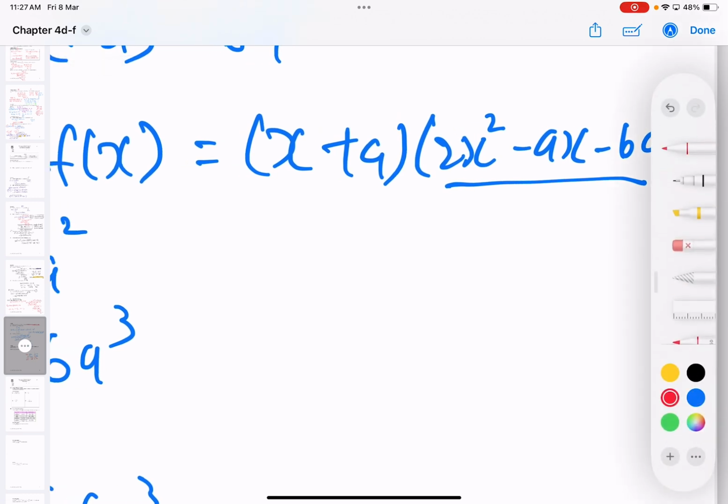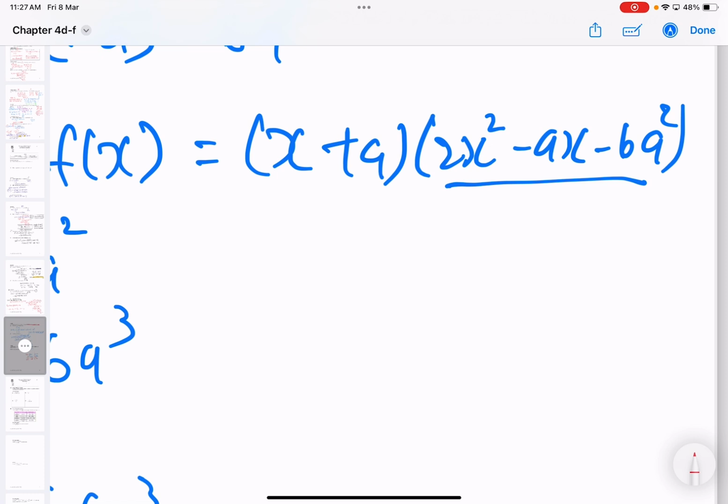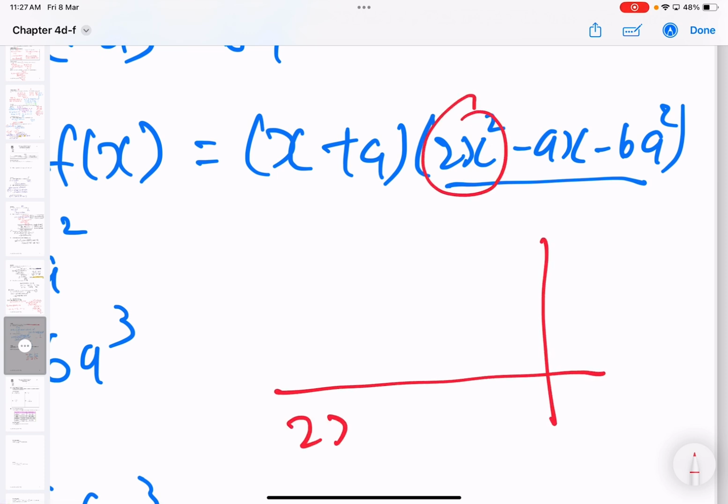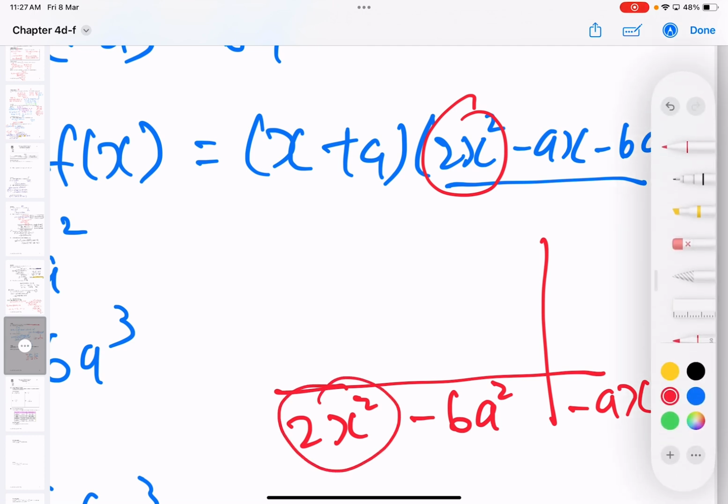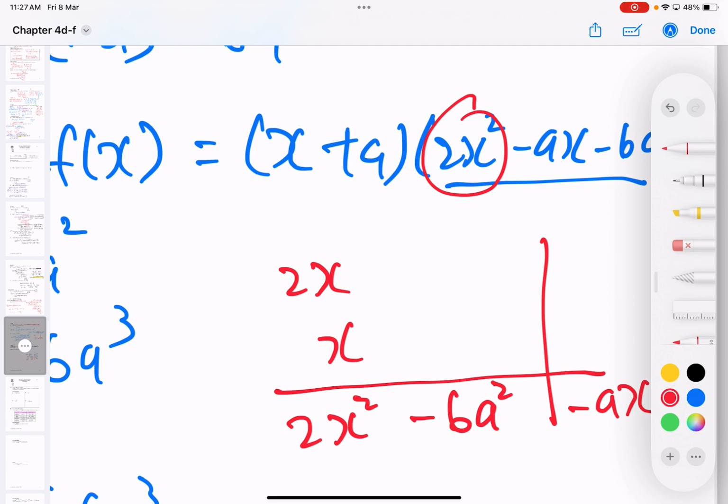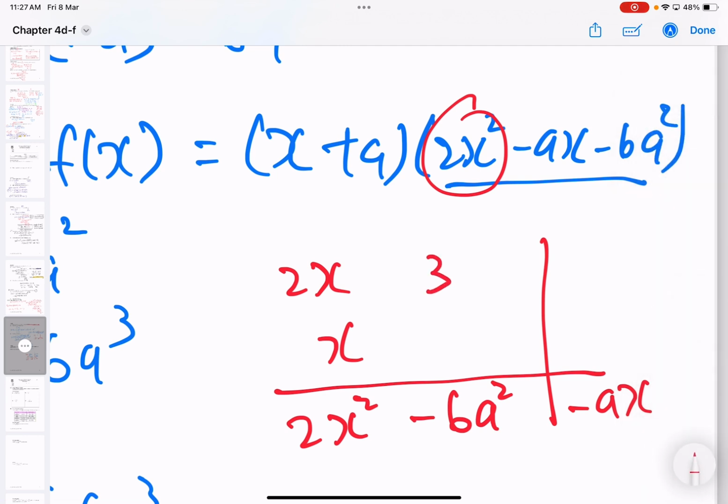The way to factorize, you can either use your ladder method or your tic-tac-toe method. Recall this first term, I'll put it here. Next, negative 6a squared, negative ax over here. I ask myself, how do I get 2x squared? 2x squared is 2x times x. Negative 6a, I can get 3a times 2a. I cross multiply first.